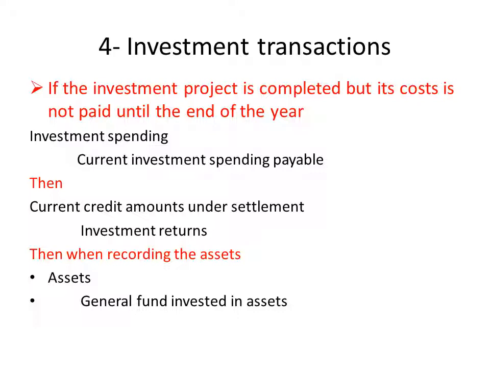Here we have a second case if the investment project is completed but its cost is not paid until the end of the year. Here the entry would be investment spending and current investment spending payable. Then current credit amount under settlement and investment returns. And when recording the assets, the entry is asset general fund invested in assets.